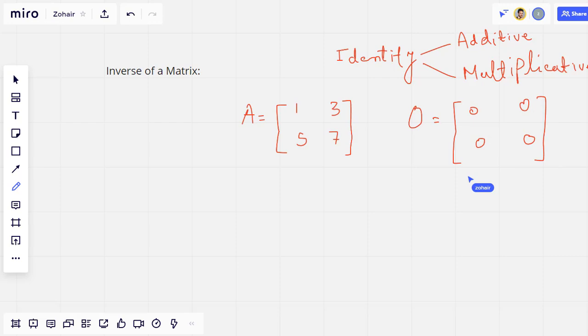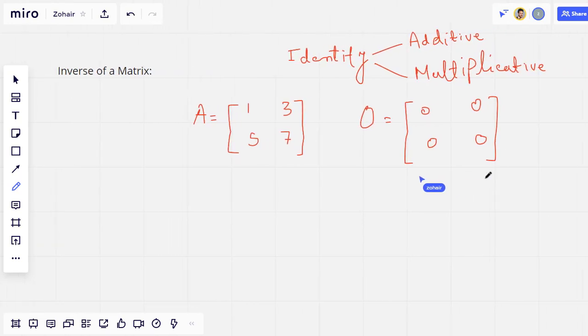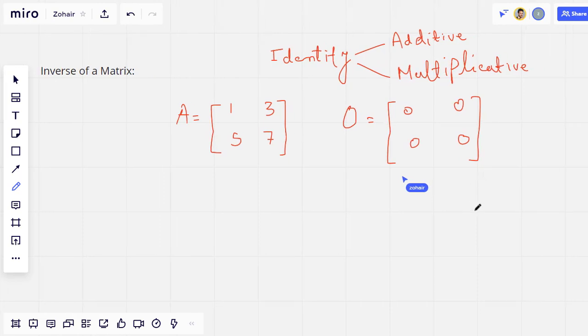Now let's just talk about numbers for a minute. In numbers, let's say 5 plus 0 equals 5. Minus 2 plus 0 equals, not 5, my goodness, minus 2.